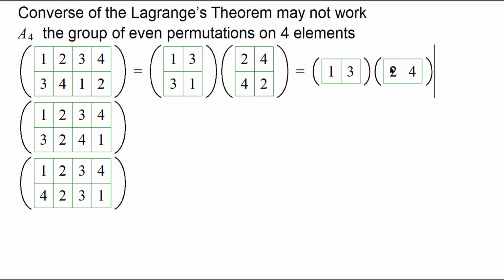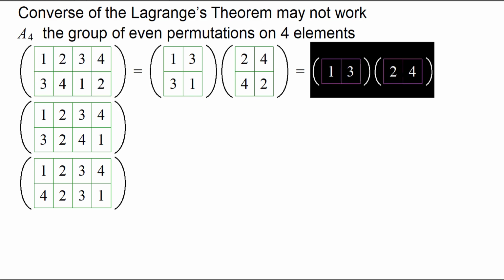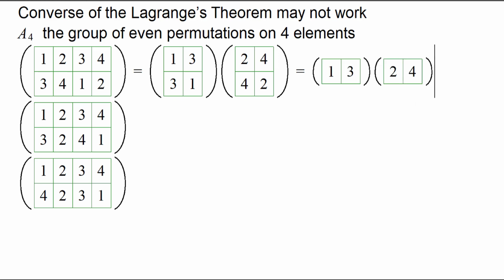So we wrote this permutation as a product of 2 transpositions. The number of transpositions is 2, so this is even, and this permutation is in A4.